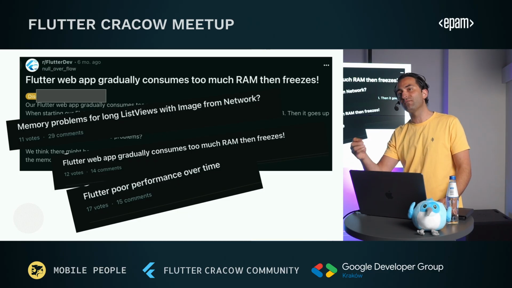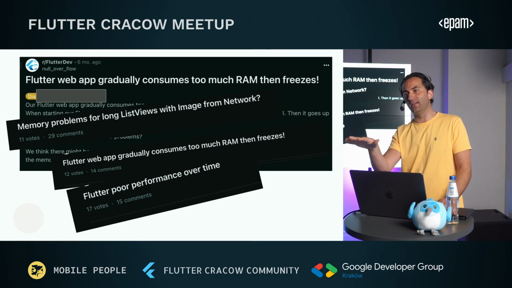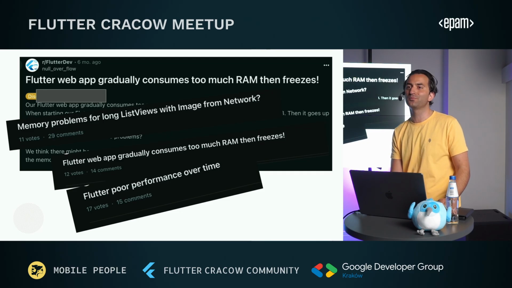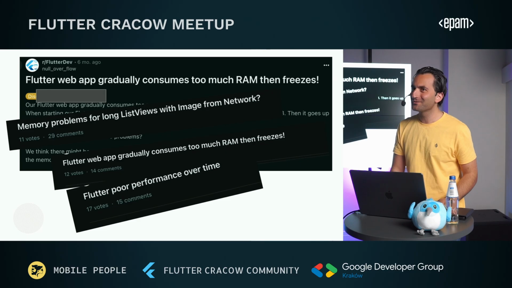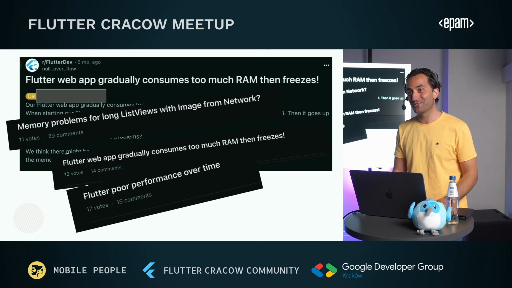Even if you have not seen this type of error yet, potentially you have a memory leak right now. You just don't know it. And after seeing some of the examples, you will probably see that you have some of those. It's probably just because your app is not used that much. Otherwise, your app would have crashed.